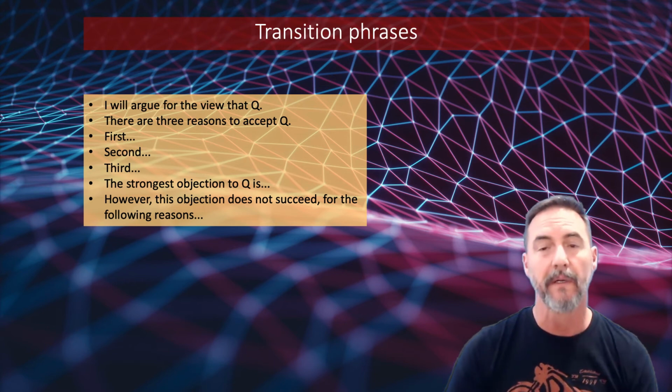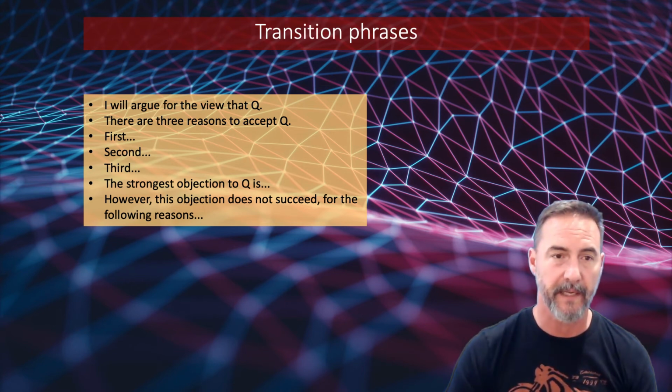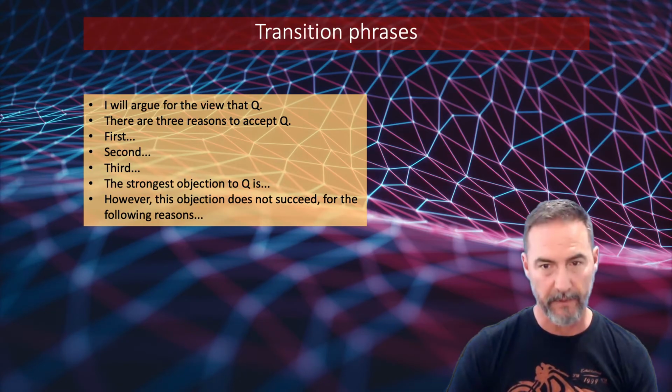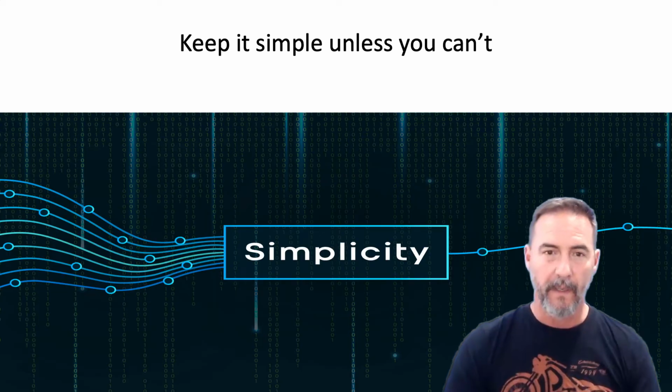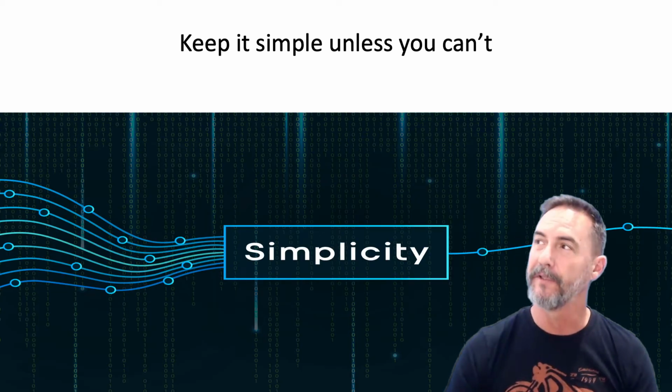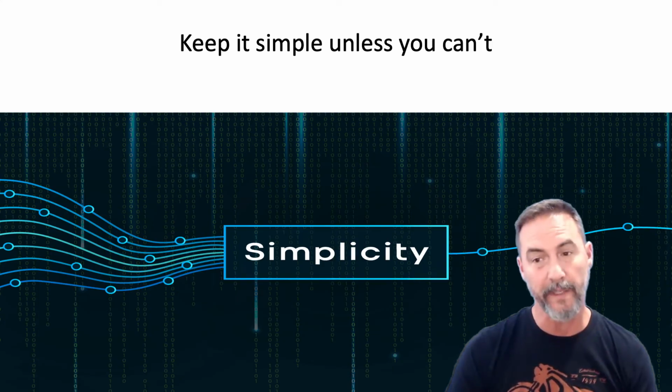There's nothing wrong with it, but it's not as sophisticated as some other ways might need to be if you have a more complex argument. But again, that's context dependent. So we do want to keep it simple, unless you can't. Now, there are certainly reasons for complexity. We deal with complex ideas sometimes, and sometimes it doesn't pay to oversimplify them.